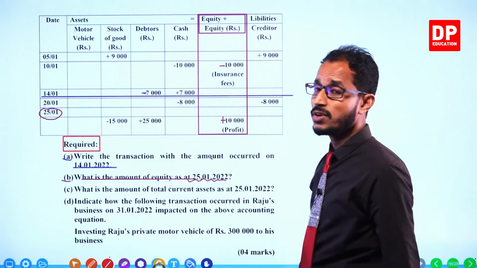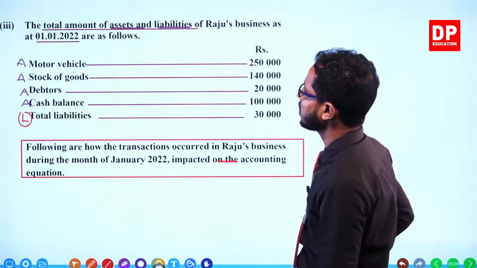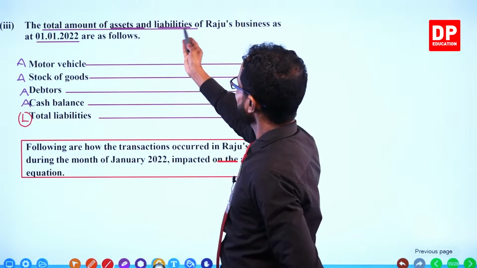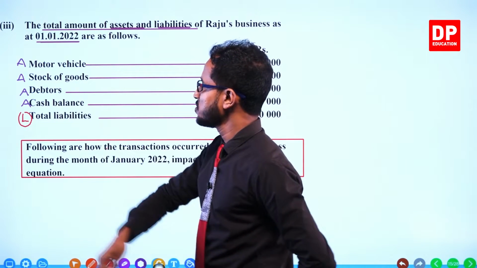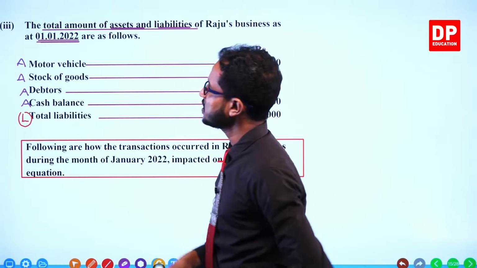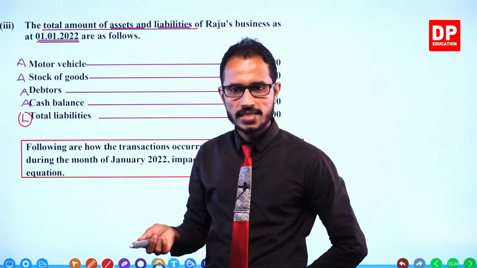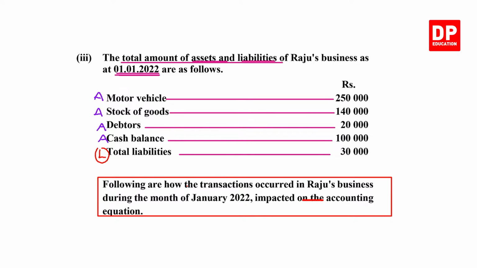You have to calculate the opening equity. Go back. Amount of assets and liabilities is given as at 1st January. That is the opening date, you have assets and liabilities.